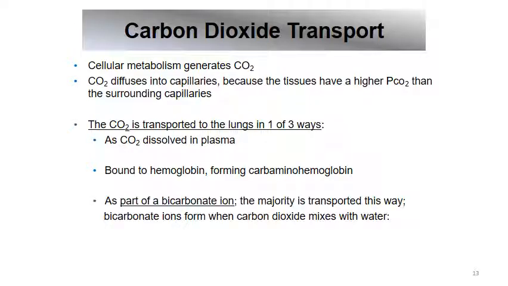But here's the third way, as part of a bicarbonate ion. And remember, we're getting the bicarbonates because CO2 mixes with water in the blood. First carbonic acid forms, which then separates. And here's where we see the bicarbonates. In our blood, we have a lot of this molecule swimming around. But really, it's disguised as carbon dioxide.